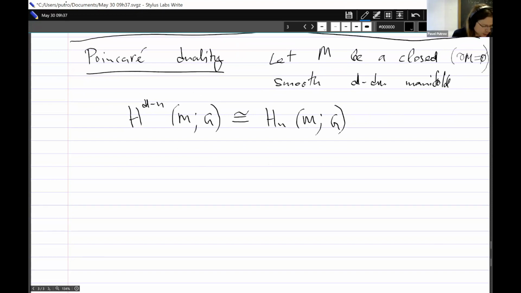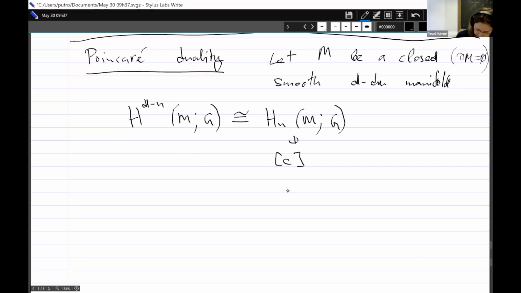One possible way to understand this is to take again some chain C representing a class in homology.